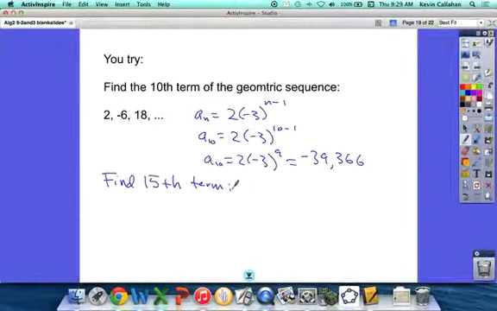I mean, you should just be plugging in the same formula, right? Just put in a 15. Did anybody get an answer? I'm looking for an answer.